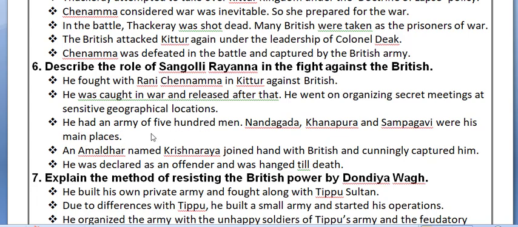He had an army of 500 men. Nandagada, Khanapura and Sampagavi were his main places. An Amaldar named Krishnaraya joined hands with the British and cunningly captured him. He was declared an offender and was hanged till death.